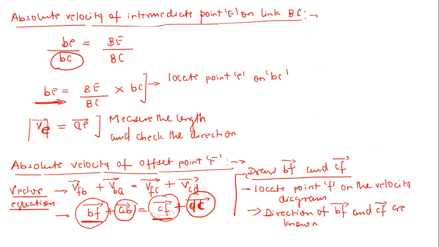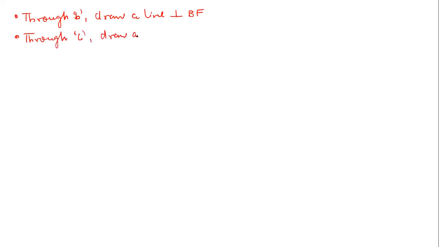So now what you have to do? Simply through point B, draw a line perpendicular to BF. And again, through point C, draw a line perpendicular to CF. This is very, very easy.